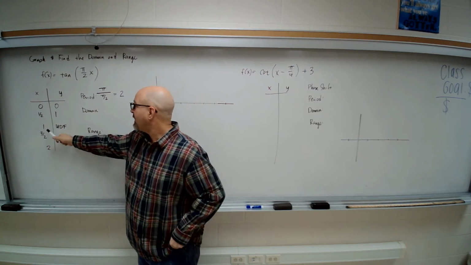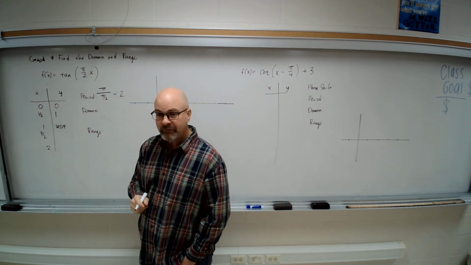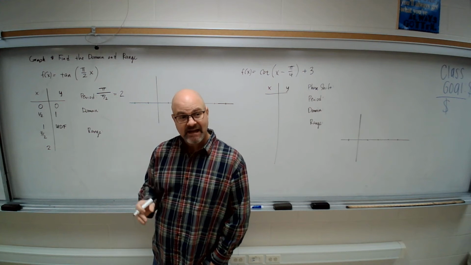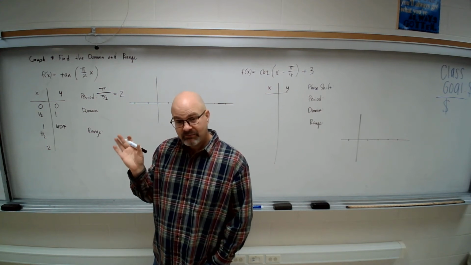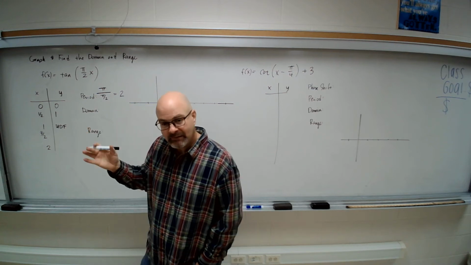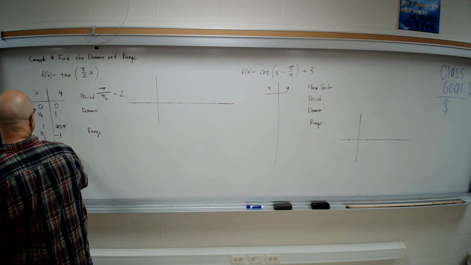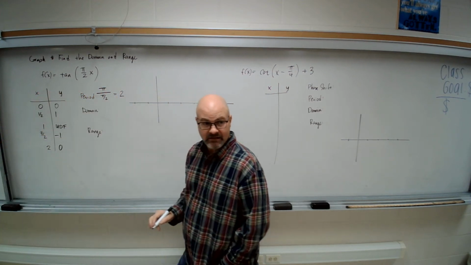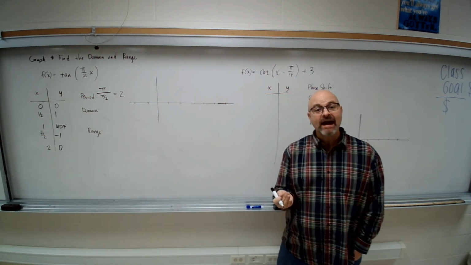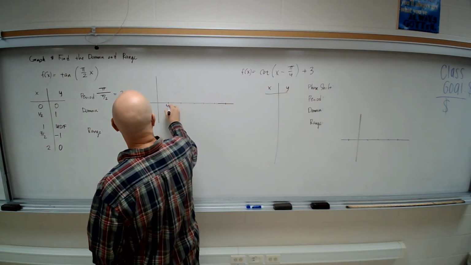Here we get 3 over 2 times pi over 2, which gives us 3 pi over 4, which is up in the second quadrant. It's 1 or -1. All students take calculus. It's -1. Then you put 2 in here, you get the tangent of pi, and that's going to be 0 again. So this is the table you should have, if you're doing it the way we talked about.